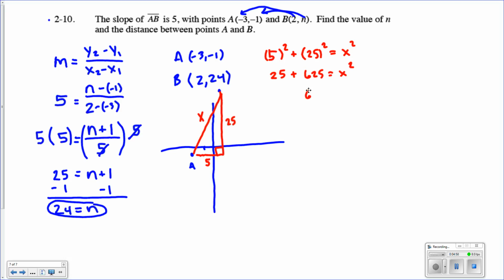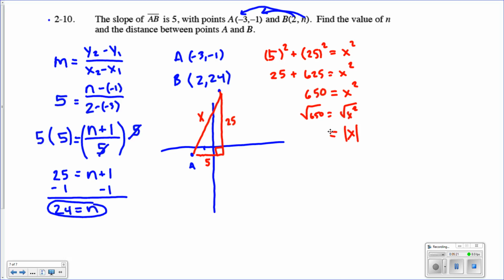So 650 equals x squared. Now we take the square root of each side here. When we do that, normally it's the absolute value of x.